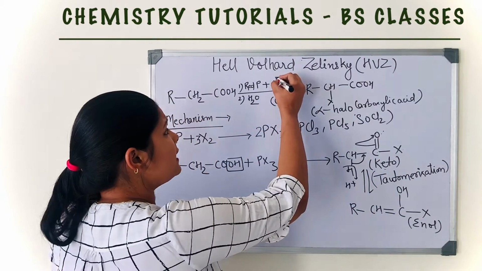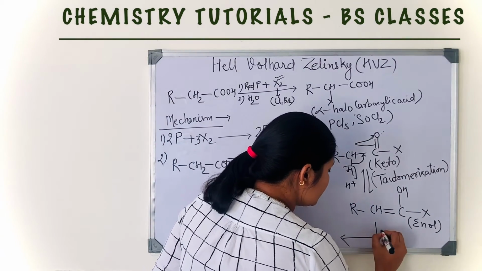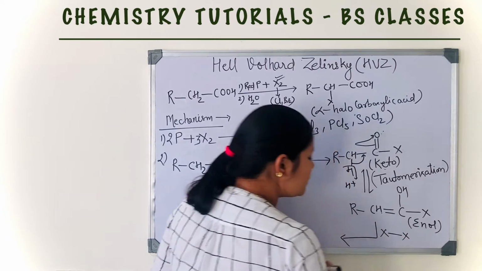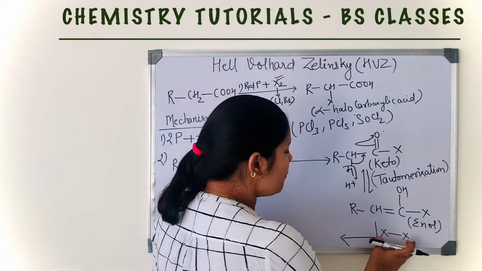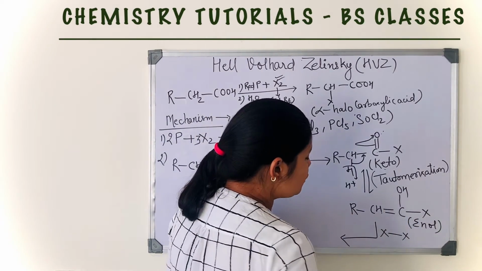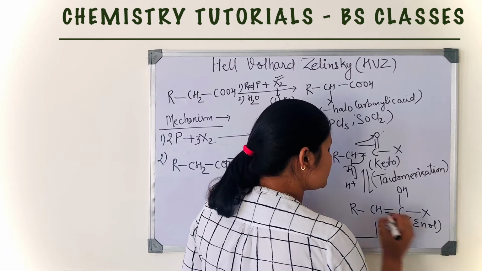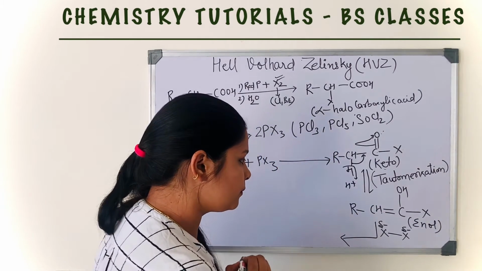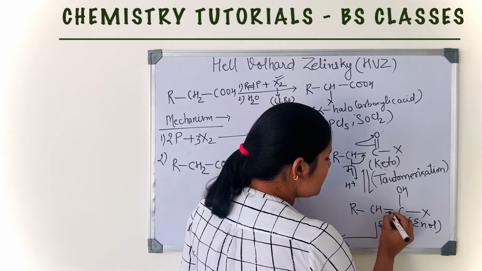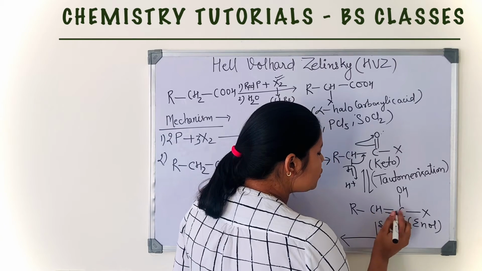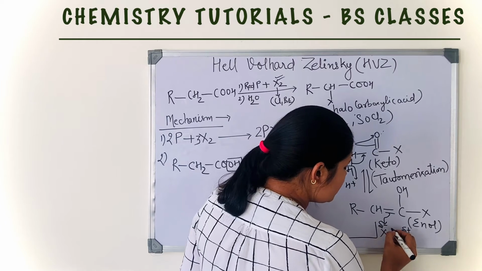Now we have X2. If X2 comes in the scene, then there is no electronegativity difference, but due to the presence of this electron cloud, there is a creation of partial negative and partial positive.